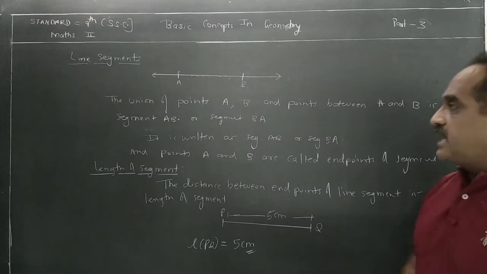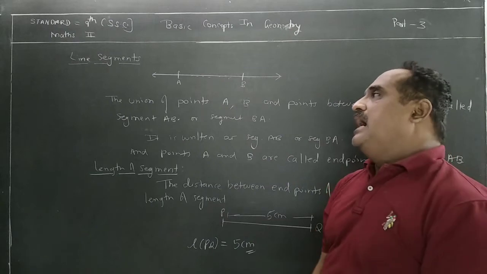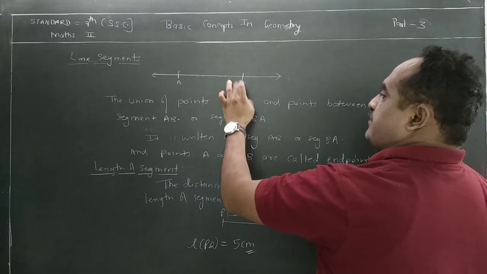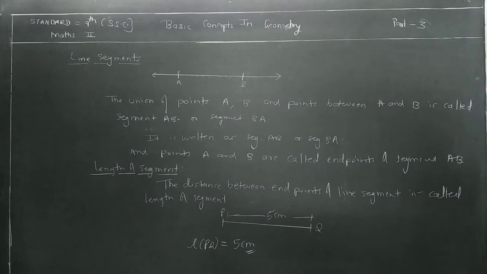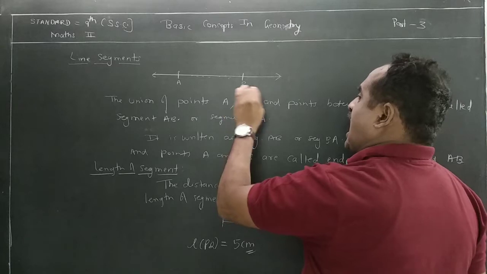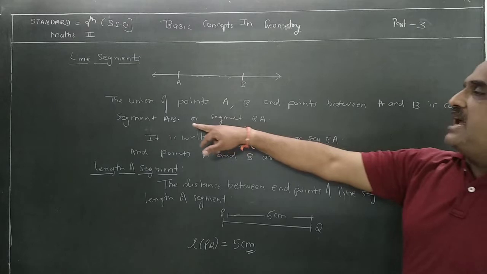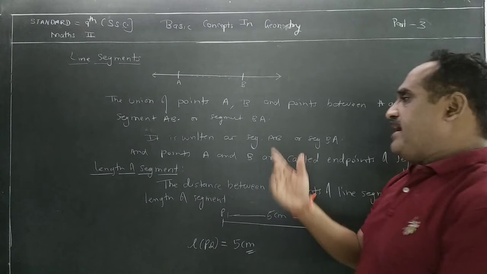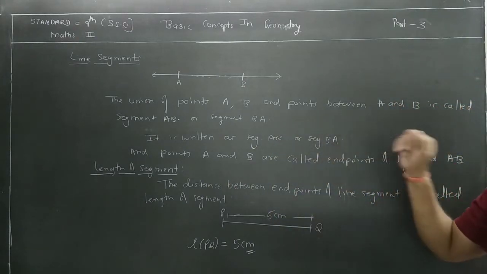Okay. So once again, we are studying the new concept, line segment. Line segment is a line on which you take two points, and there are many points in between A and B. Is it right? Unlimited number of points are there. The union of point A as well as B and whatever points are there in between is called segment AB, or we can write segment BA also. Same thing. It is written as seg AB or seg BA.